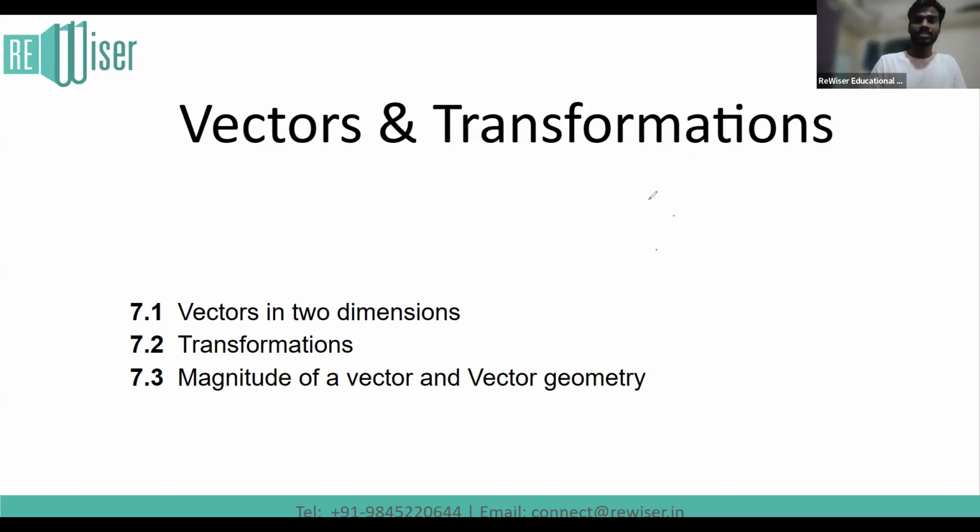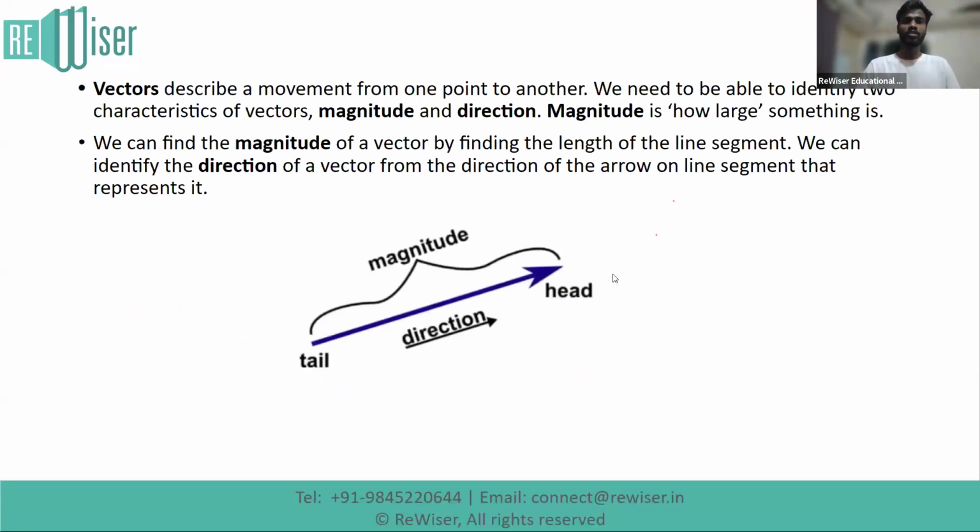When I say vectors in 2 dimensions, first of all, if I look into the definition of a vector, it goes something like this. A vector has a magnitude and a direction as well. The magnitude means the length of this line.